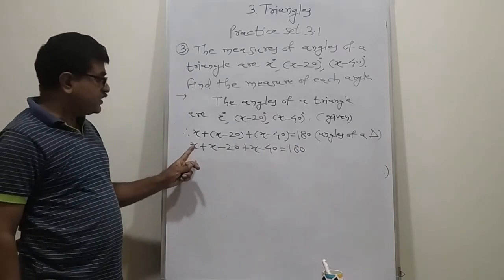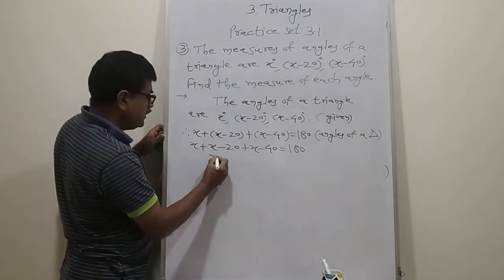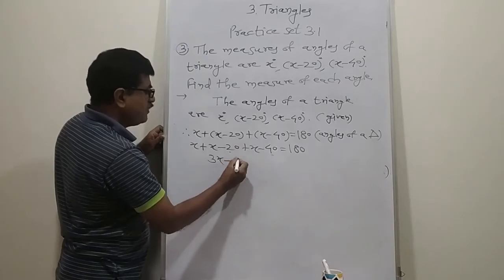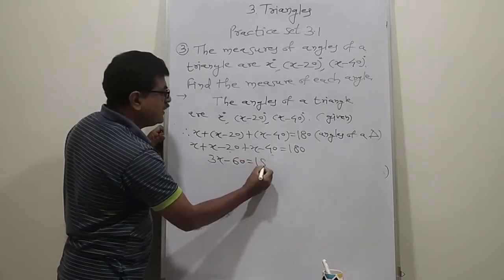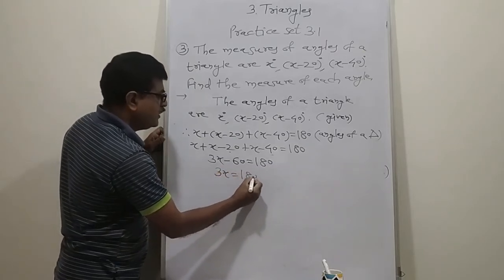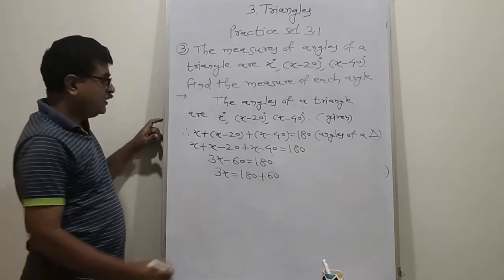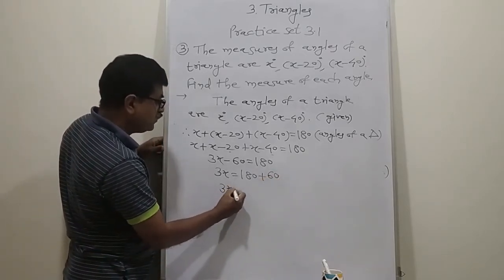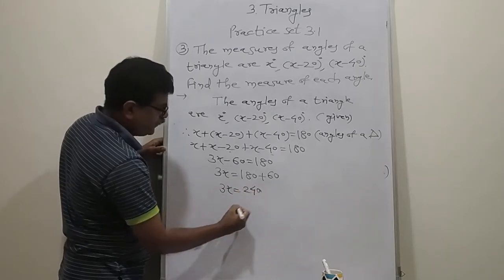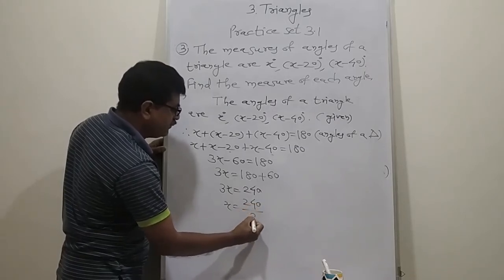Here x is 3 times, 1, 2, 3, therefore 3x, minus 20 minus 40 is minus 60, is equal to 180. Therefore 3x is equal to 180, minus becomes plus 60. Therefore 3x is equal to 240. x is equal to 240 divided by 3.